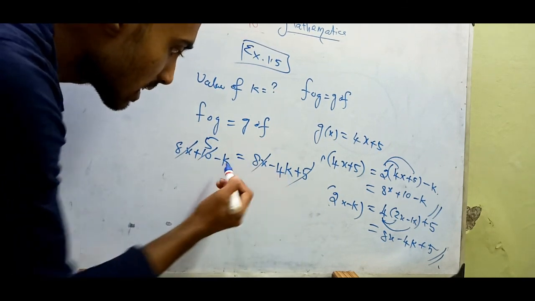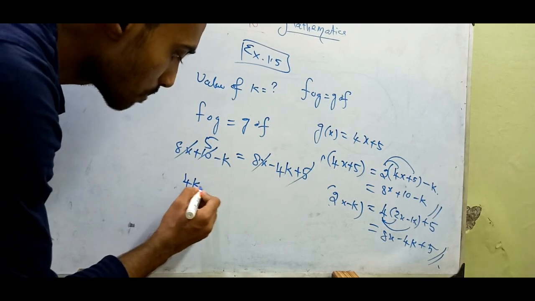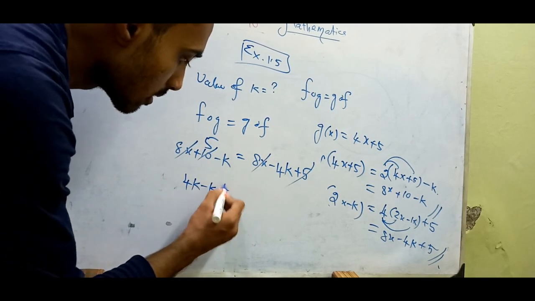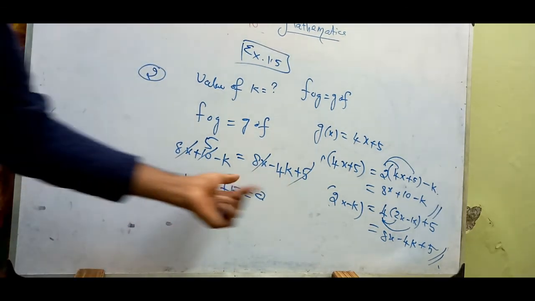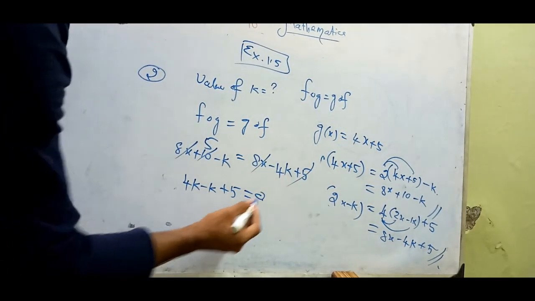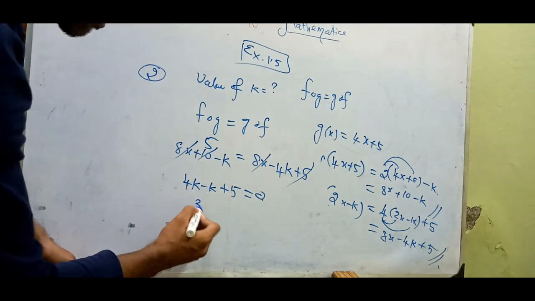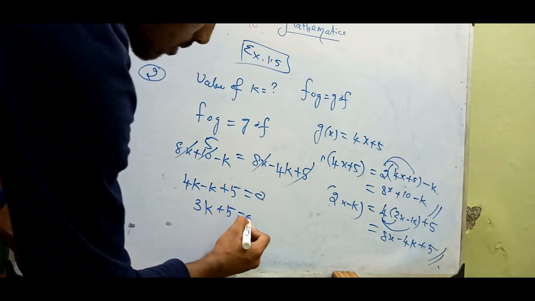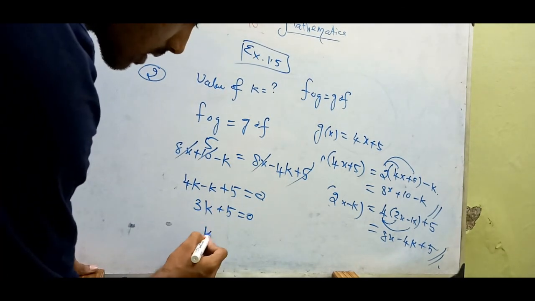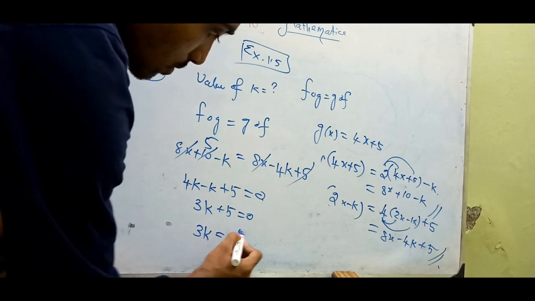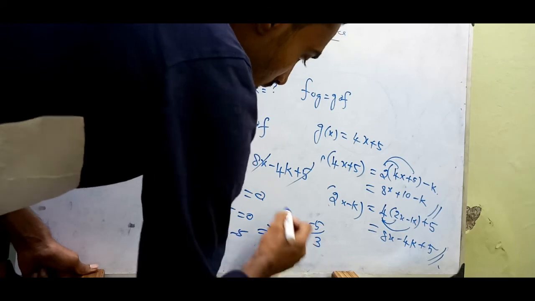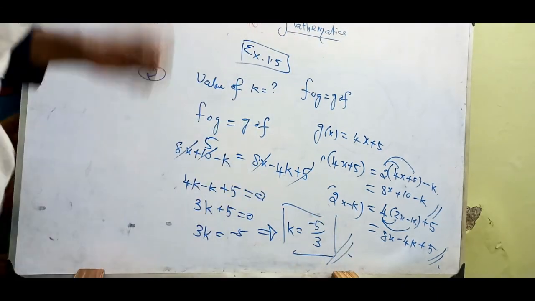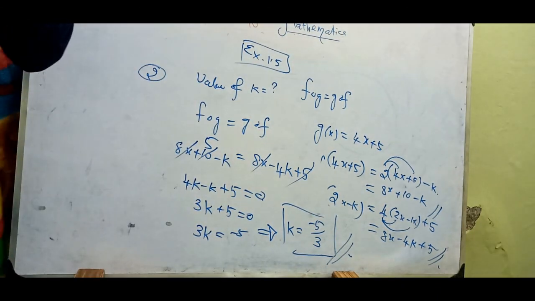So bring this k here, you will get plus 4k minus k plus 5. There is nothing such element there, so that's why I have given 0. So 4k minus k is 3k plus 5 equal to 0. So 3k is equal to minus 5, which implies k is equal to minus 5 upon 3 is your solution for this given question, right?